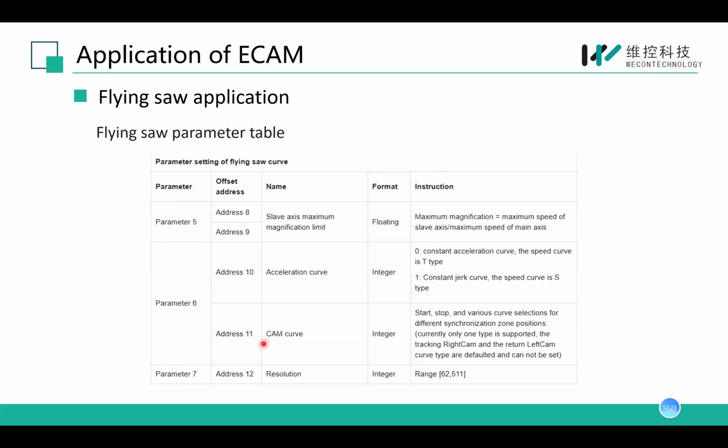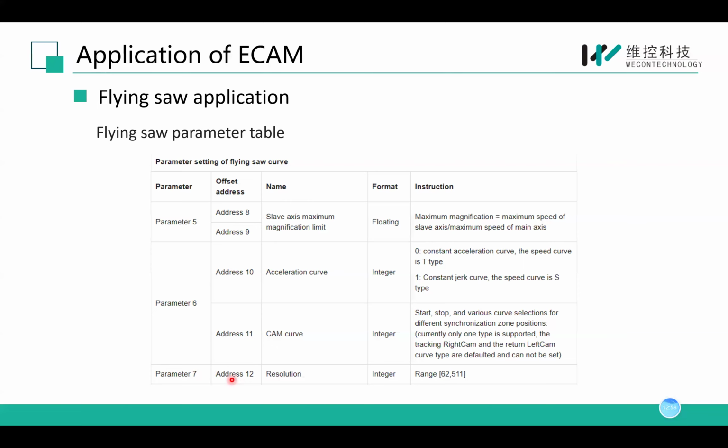And parameter 11 is to set the cam curve. It's to set the different position of the sync zone. It's not recommended to adjust these parameters. It's more recommended to adjust the origin position of the slave axis. It's more accurate.